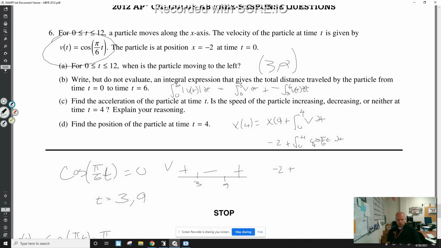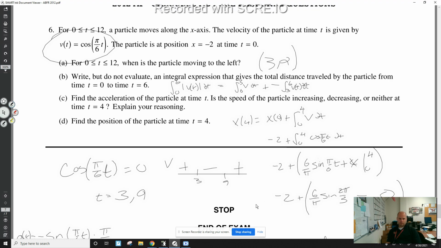The antiderivative of cosine of pi over 6 t is sine of pi over 6 t times the reciprocal 6 over pi plus c, don't need it, from 0 to 4. We get negative 2 plus 6 over pi sine of 2 pi over 3 minus 0, because the sine of 0 is 0.